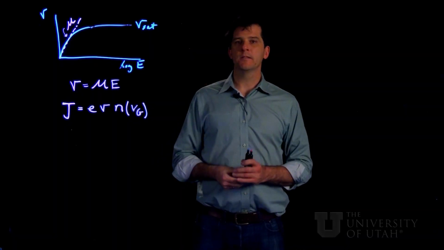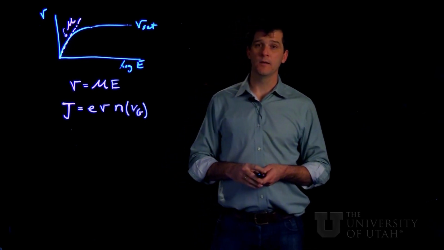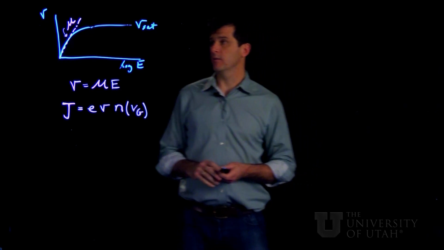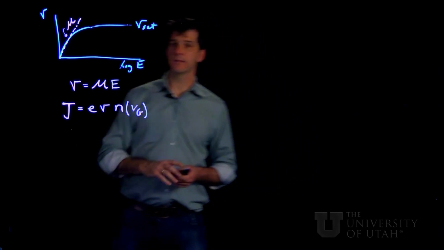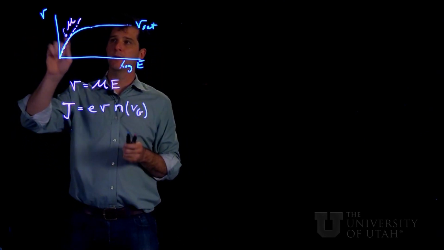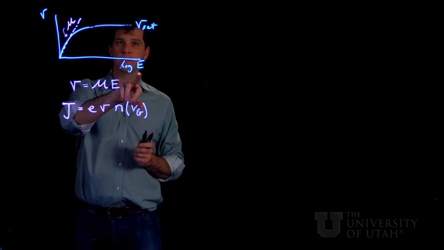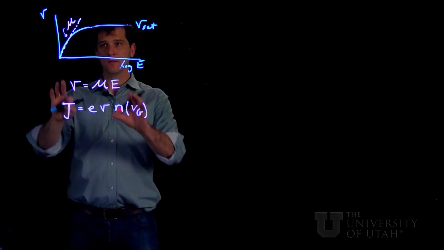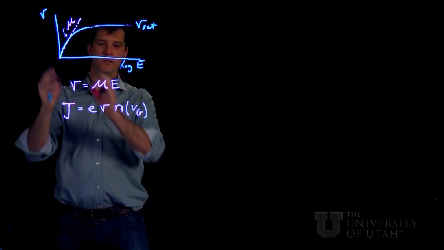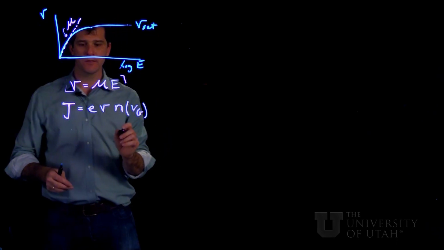So we can fairly easily understand qualitatively what happens to the MOSFET IV curves as a function of this velocity saturation effect. So here again is our diagram showing the velocity of carriers as a function of the applied E field. So in the low field range here, where we have a constant mobility, we have this expression governing our transport.